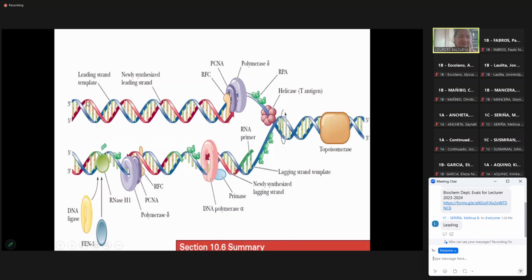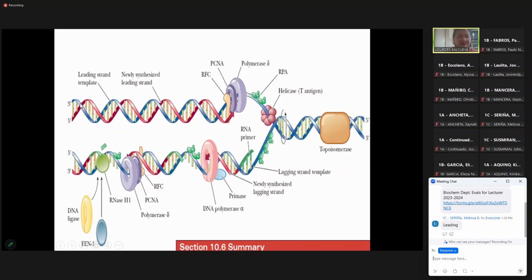So why is that so? Because DNA needs an available OH in order for it to be attached, no? Kailangan niya ng available OH. So, kaya RNA muna siya. RNA doesn't need that. Okay?